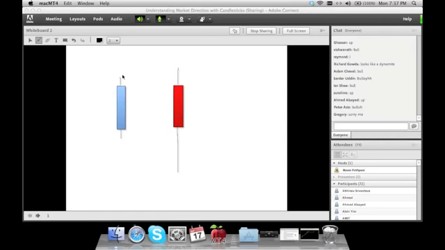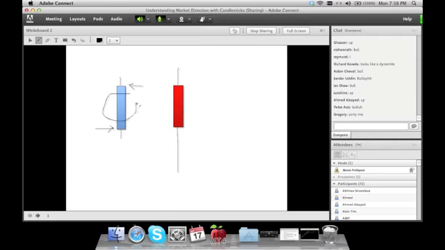Having that said, this blue candle: the market opened up here, and it closed over here at the top of this blue zone. This is the reason why it's blue, because it is above the open.